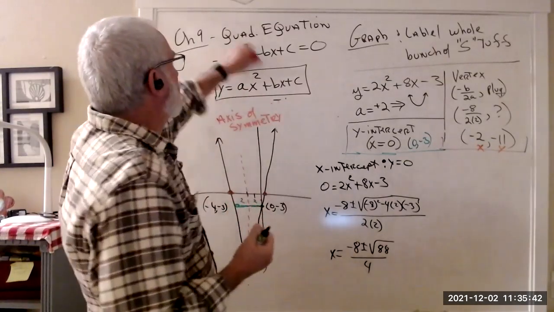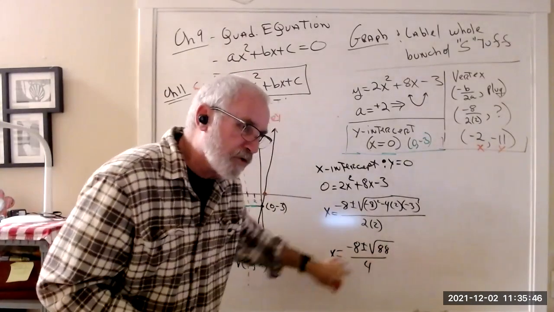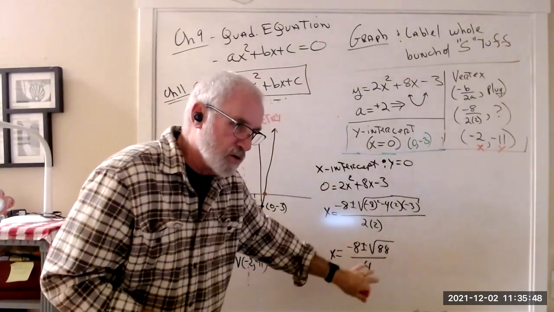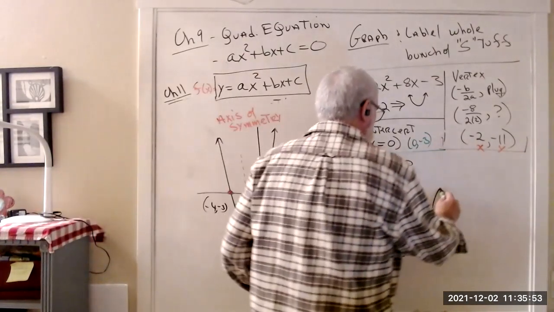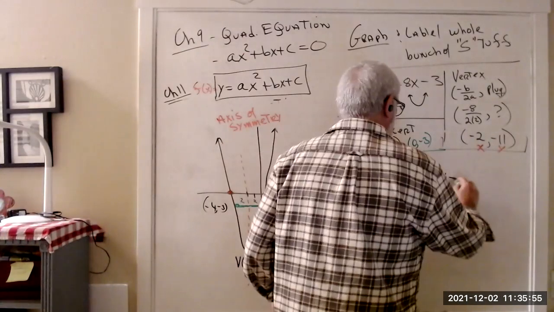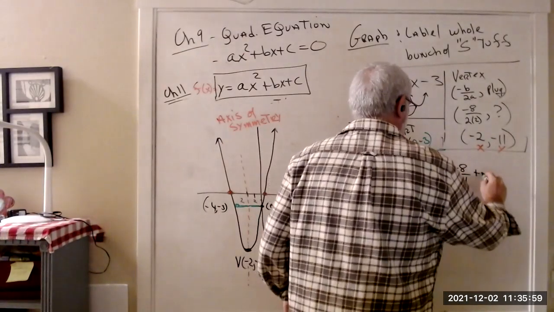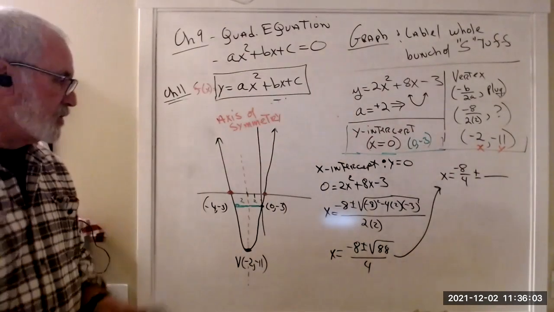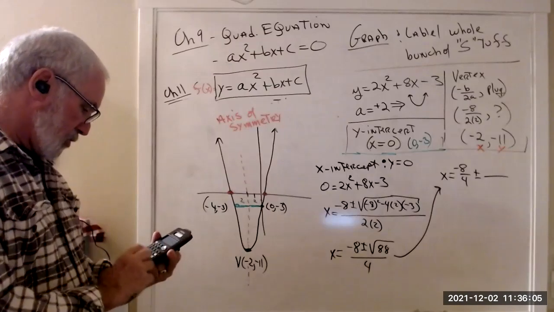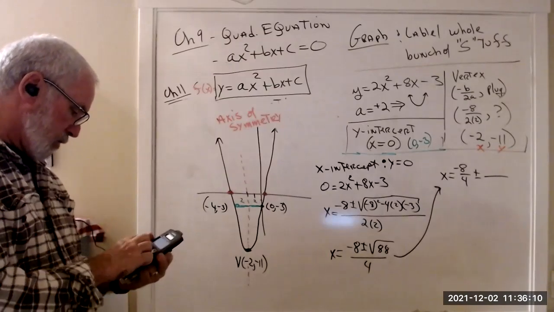Back in chapter 9, we just kept this as one single fraction. I'm going to suggest to you, what was the square root of 88?